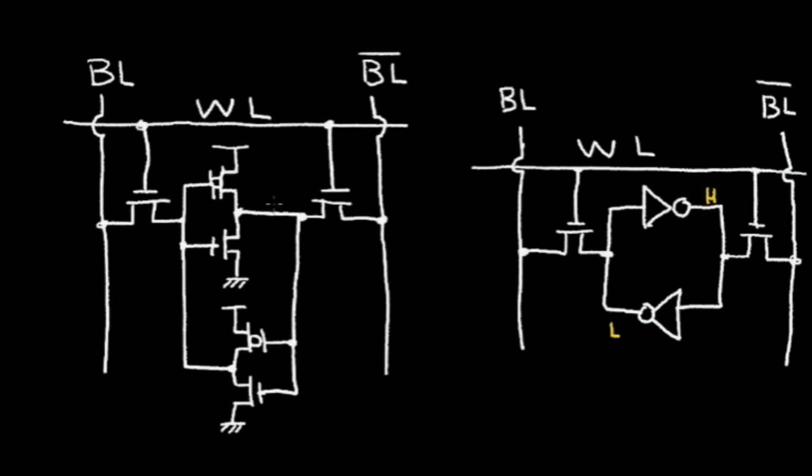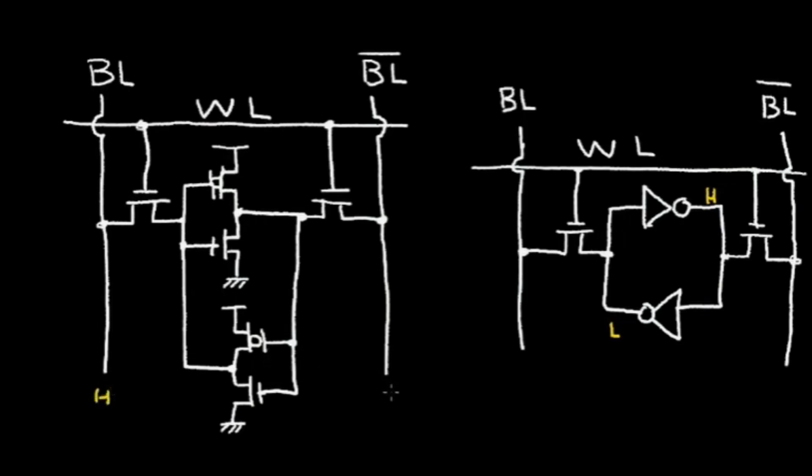Let's presume that I want to do a write operation, and I want to put a 1 into this memory. So that means I want to force the bit line to a logic 1 level, or, we also call it, a high level.